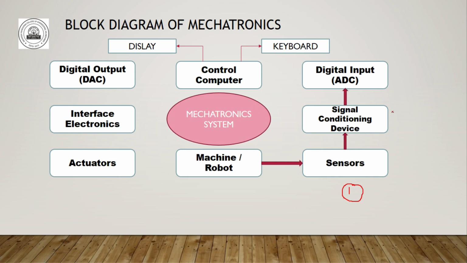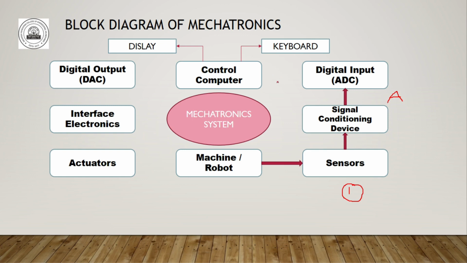Then comes the digital input or ADC. Whatever the output given by the transducer, when amplified or filtered, it remains in the analog form. The output of this signal conditioning device has to be given to the computer for further processing.